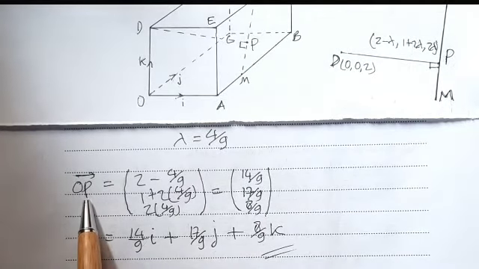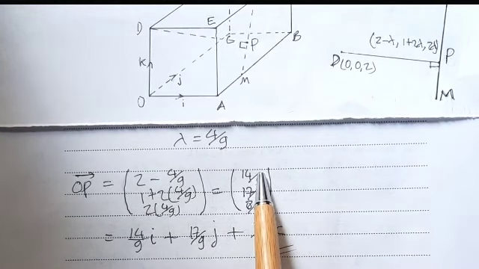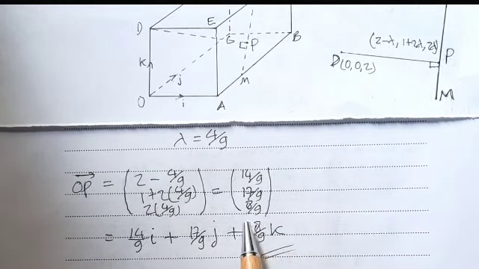Thus the position vector of P in component form is 14 over 9, 17 over 9, 8 over 9, and in unit vector form that equals 14 over 9 i plus 17 over 9 j plus 8 over 9 k. Thus this is the answer for question C.